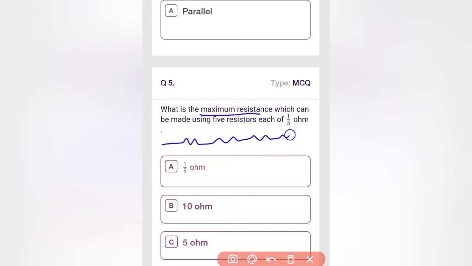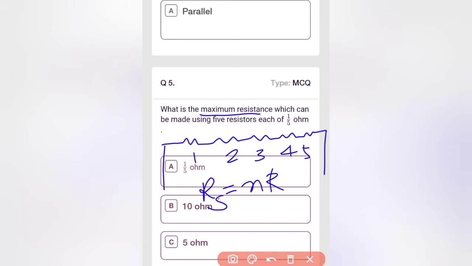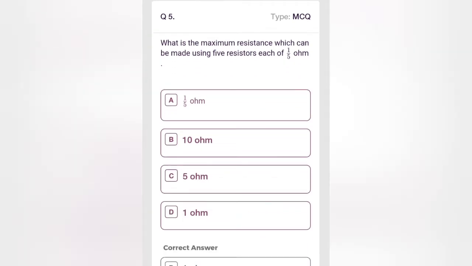So the 5 resistances R1, R2, R3, R4 and R5 should be connected in series. If n resistors are connected in series, the total is n into R. The value of each resistor is 1 by 5, and we have 5 resistors, so 5 into 1 by 5 is going to be 1 ohm. So the answer must be 1 ohm. Option D is the correct answer.